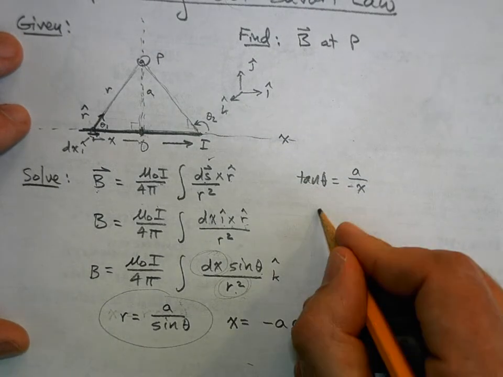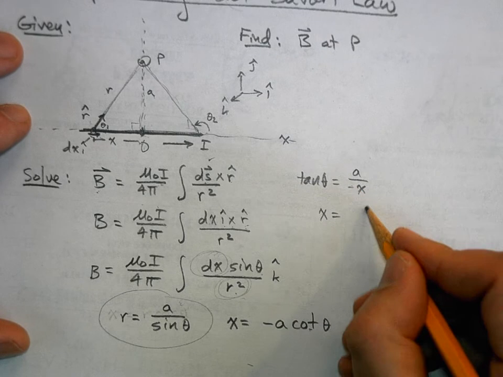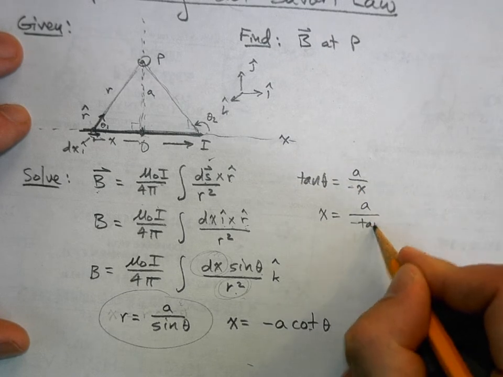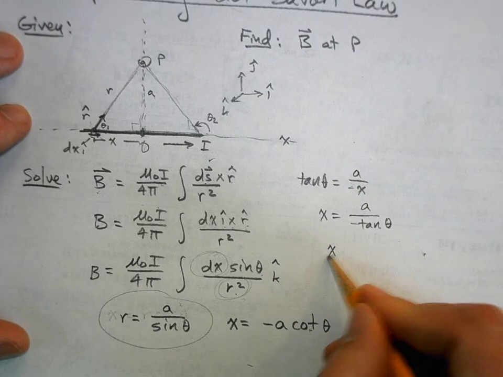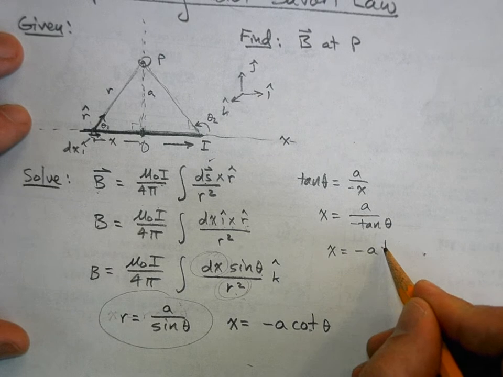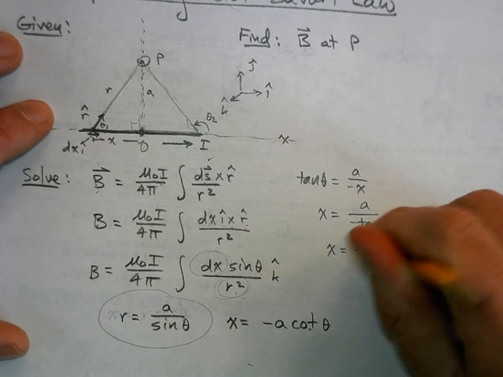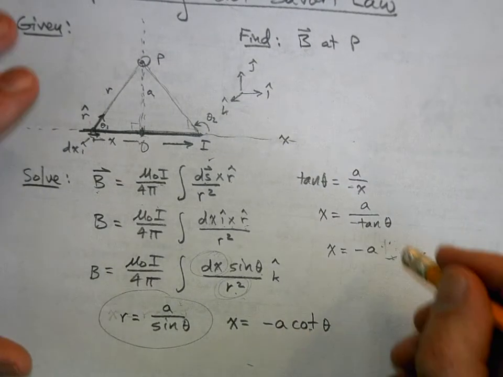So x is equal to a over negative tangent theta, and so x is equal to negative a cotangent theta.